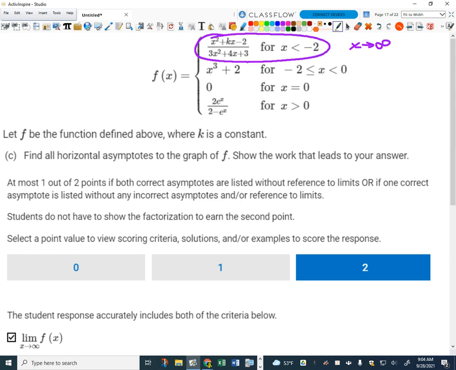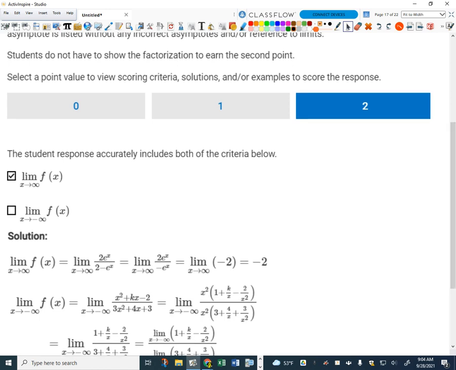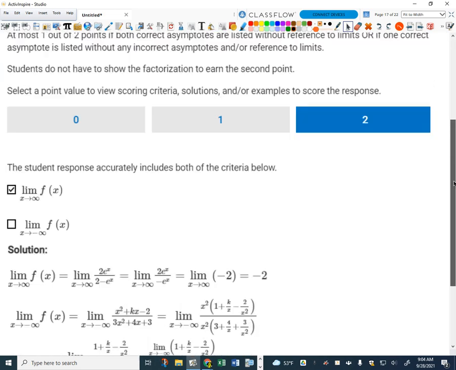As x approaches negative infinity, we're going to be in the orange piece because it's a piecewise function. So then all we would do on this one is just take those limits, right? So how is this one scored here? Yeah, there's 2 points, and they want both of those limits. They want to see the limit as you approach infinity, limit as you approach negative infinity.